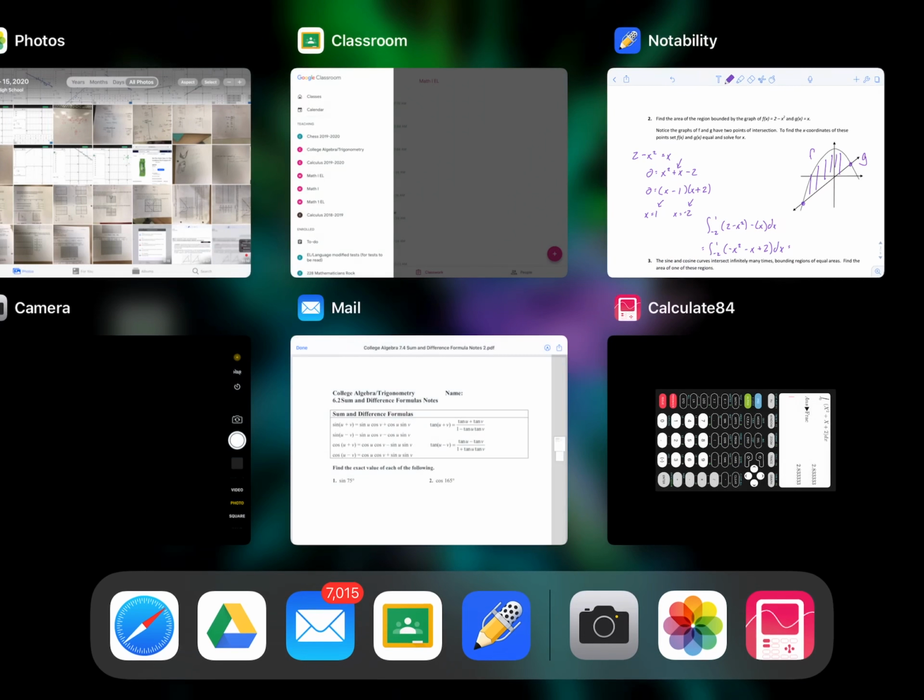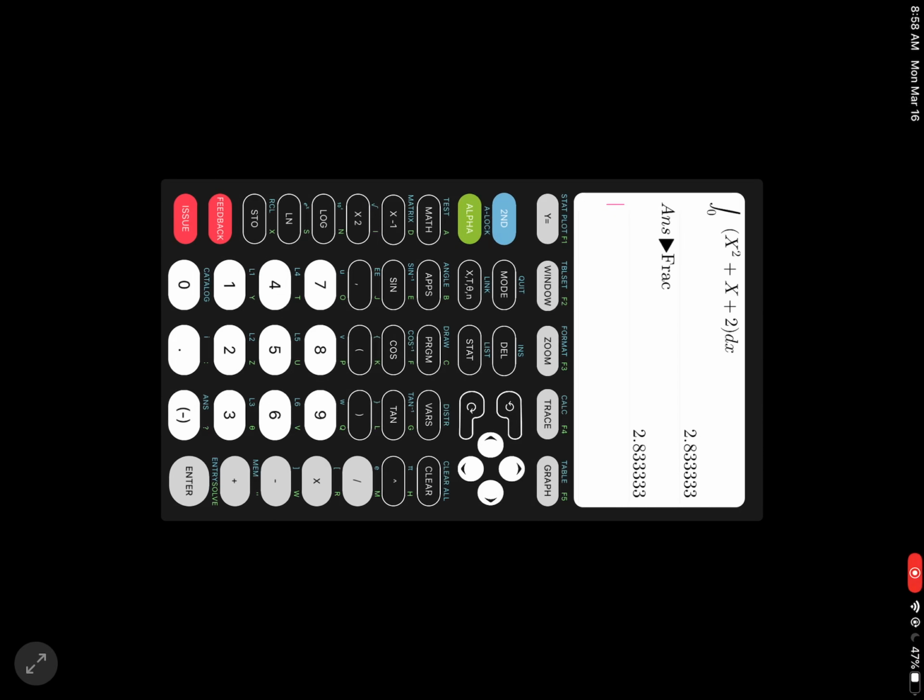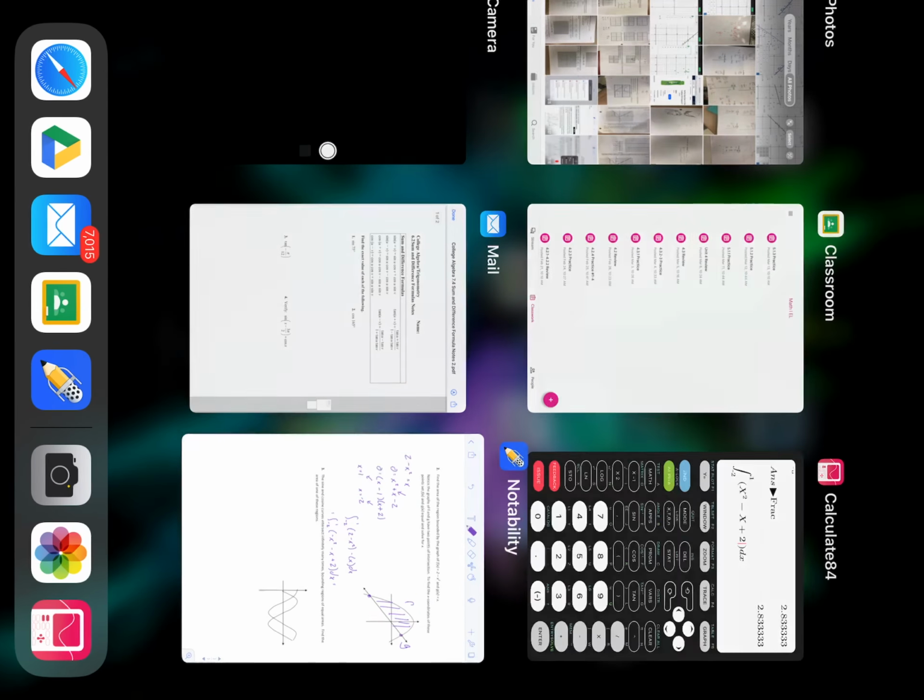If I go to my calculator again, it's the integral from negative 2 to 1 of negative x squared minus x plus 2. Let's see if I have that right.